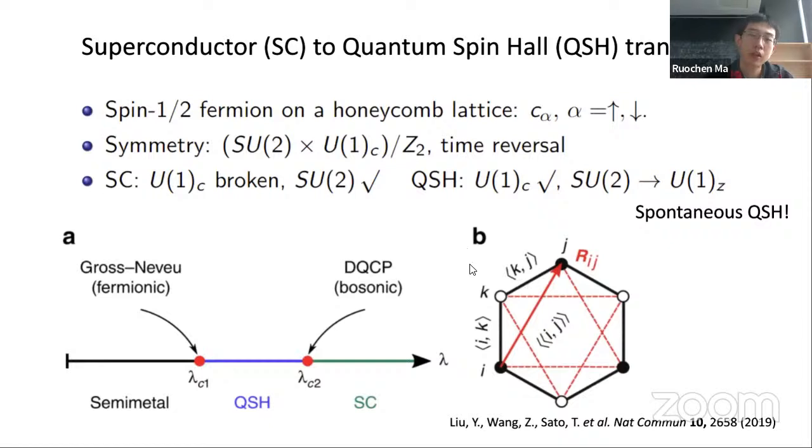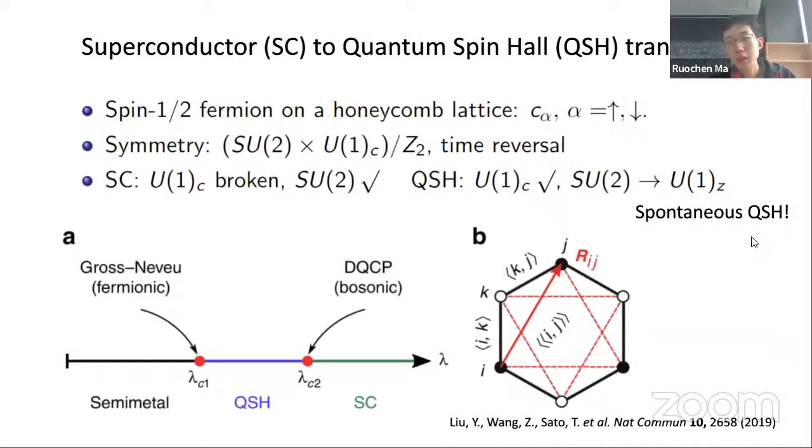And this is one possible phase of this model. For the purpose of this talk, we will focus on this phase transition. So the superconductor is shown here. And there is another possible phase, which we will call the spontaneous quantum spin Hall insulator. The conventional quantum spin Hall insulator, let's say the Kane-Mele model, can be fully understood in terms of free fermions and band theory.